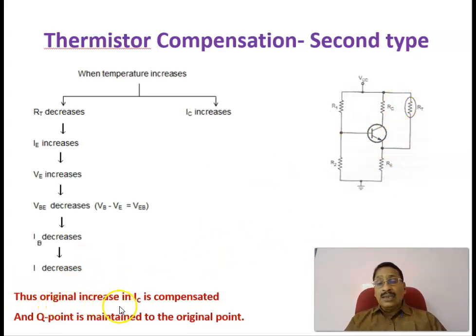Thus, the original increase in IC due to the temperature rise is compensated, and the Q point, the operating point or quiescent point, is maintained at the original point. That is by connecting a thermistor between VCC and emitter. This is the second method of thermistor compensation.